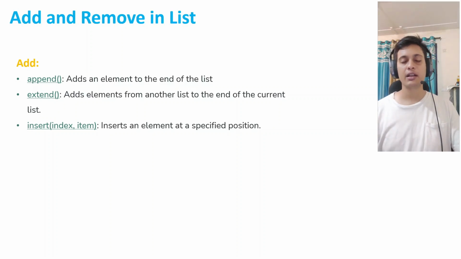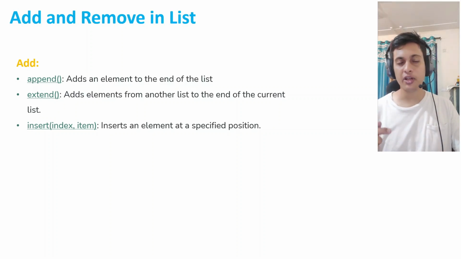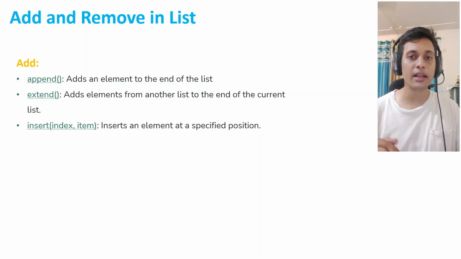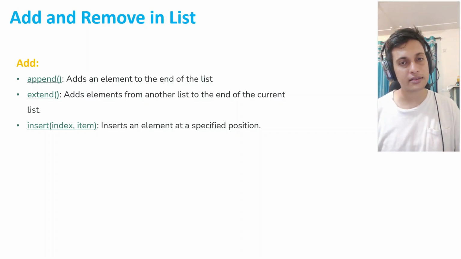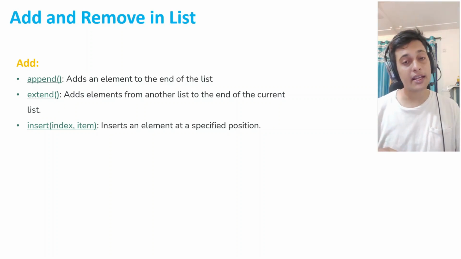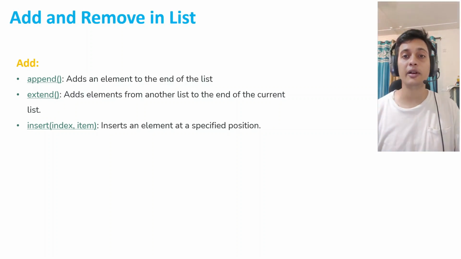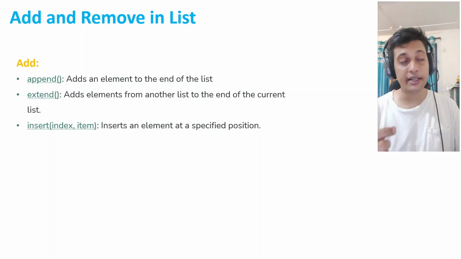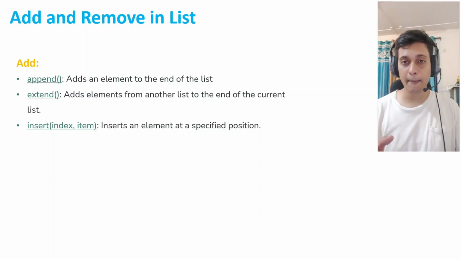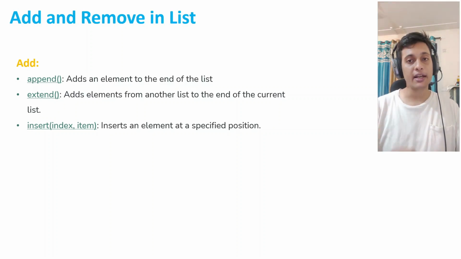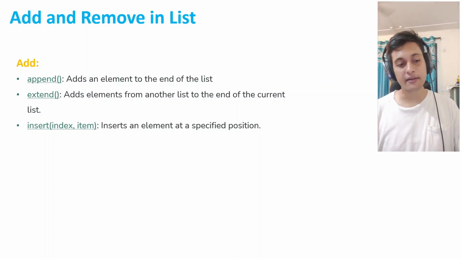What is append? If you use append, it will add that particular data at the end of your list, after the last element. Append takes the data inside its brackets and adds it to the end of your list.